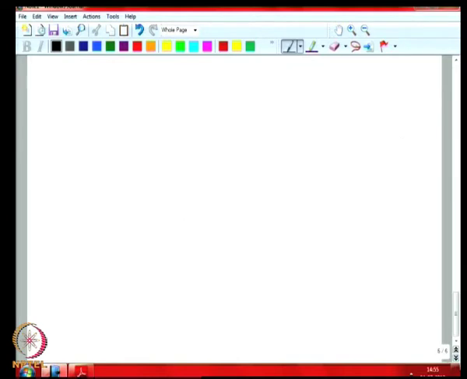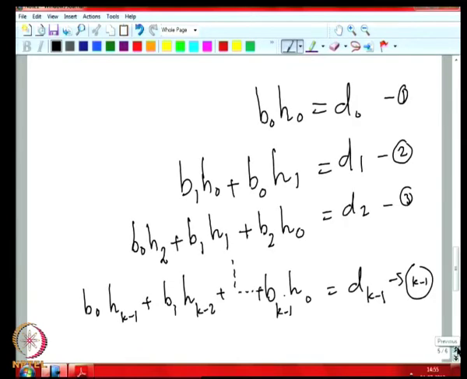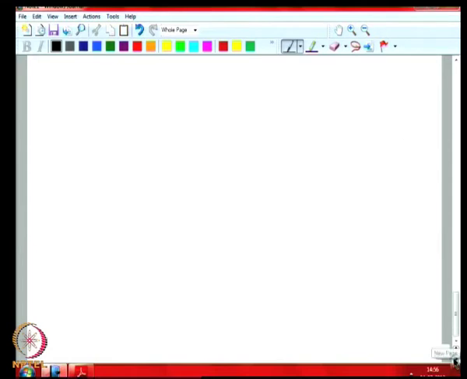Now, for instance, when you consider the coefficient of x raised to k, the coefficient of x raised to k is dk.